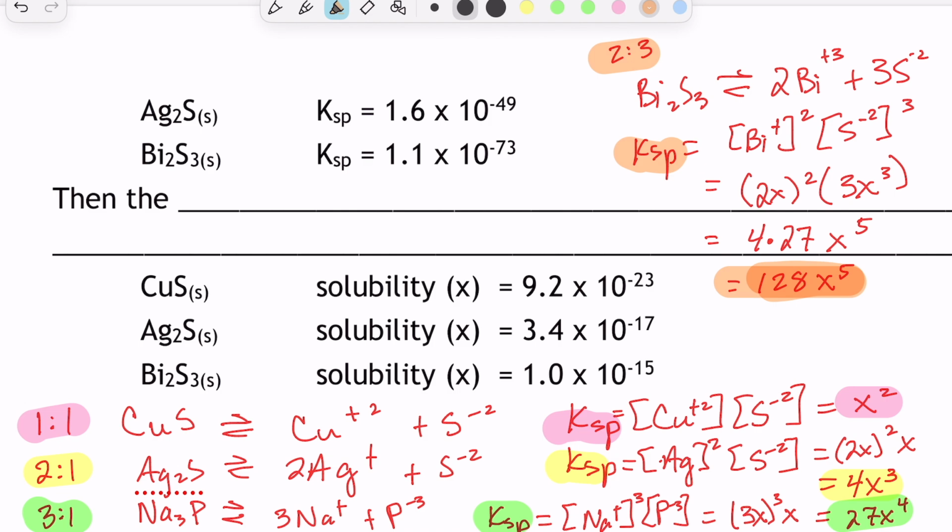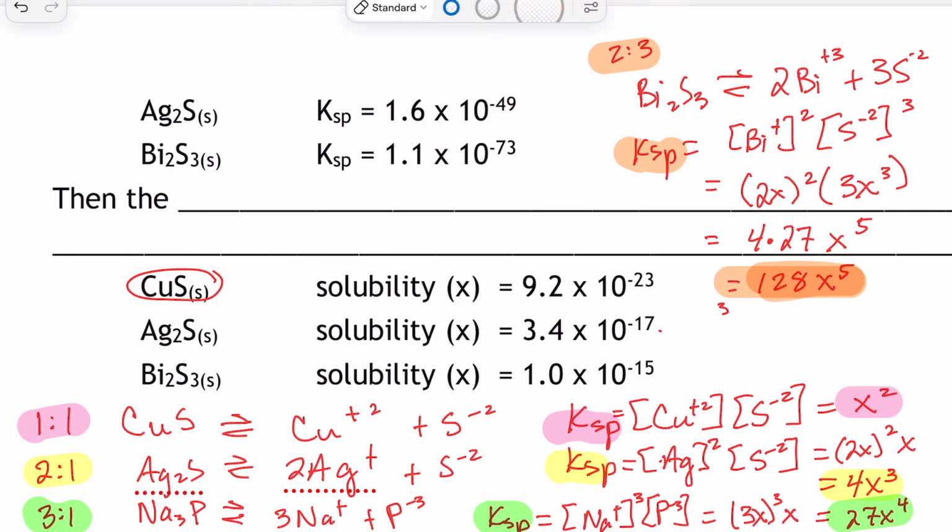So when we're talking about the solubility here, the way this solubility is calculated is to take the square root of it. I'm sorry, where am I going here? For copper sulfide, the Ksp is equal to x squared. For this one, this is a 2-to-1 ion, and the Ksp is equal to 4x cubed. Oh, that's the solubility, sorry, I'm getting ahead of myself.